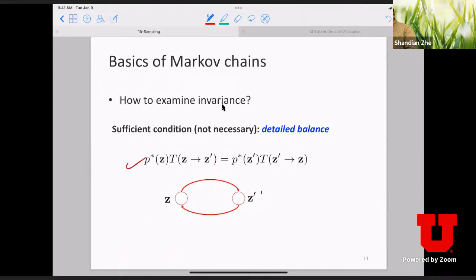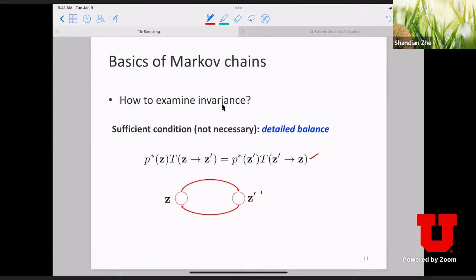So why is checking detailed balance convenient? It looks like if this is a true posterior, we're not able to evaluate the true posterior. If we were able to evaluate the true posterior, why would we need to compute it? But here there's a benefit: we actually don't need to plug in the true posterior here. Why?